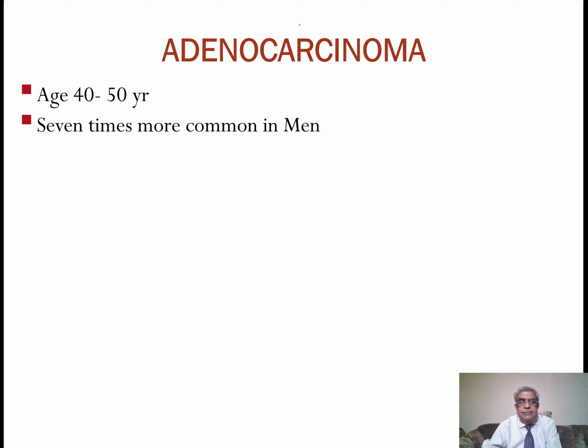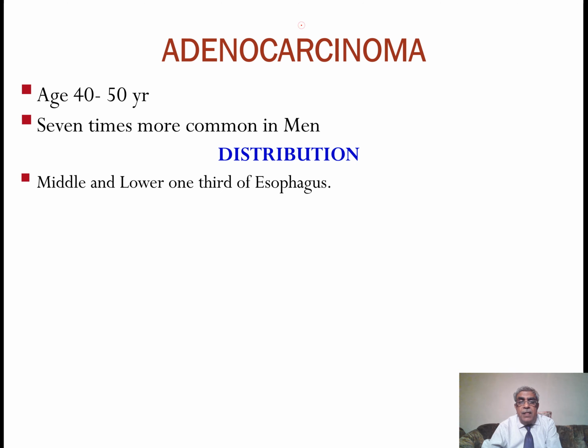Adenocarcinoma of the esophagus: age is 40 to 50 years, 7 times more common in men, very important. Distribution: middle and lower one third of the esophagus, but you must answer lower one third is the commonest site due to the presence of pre-existing Barrett's esophagus.